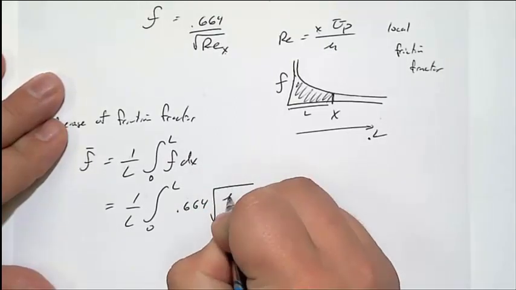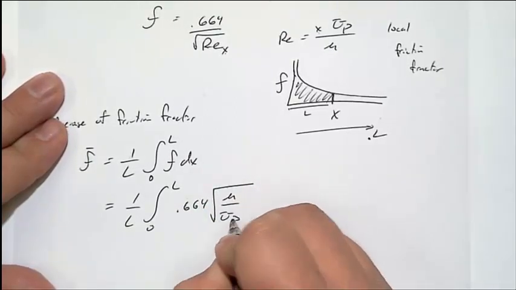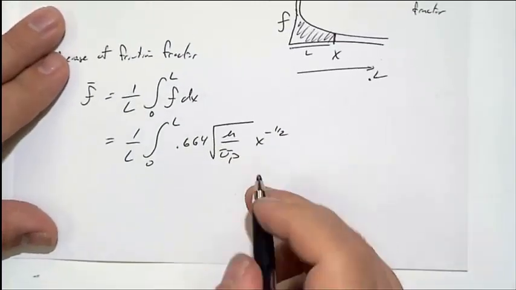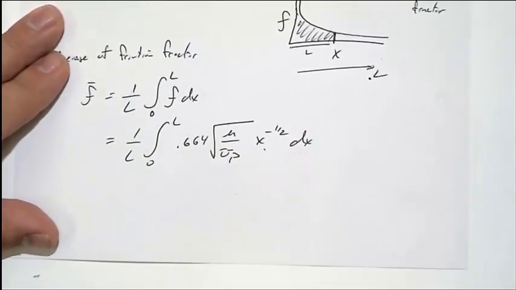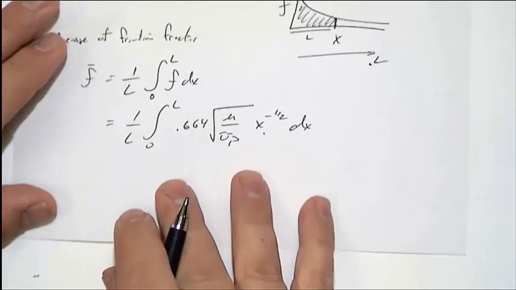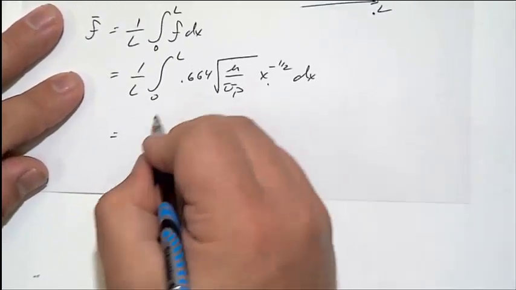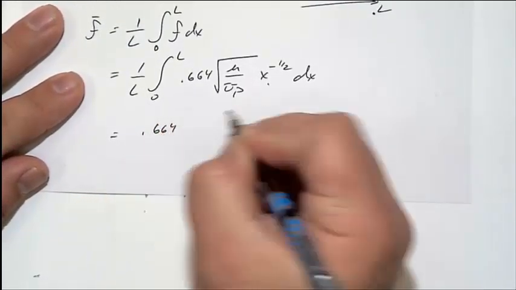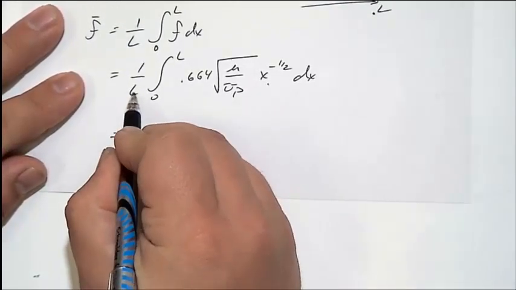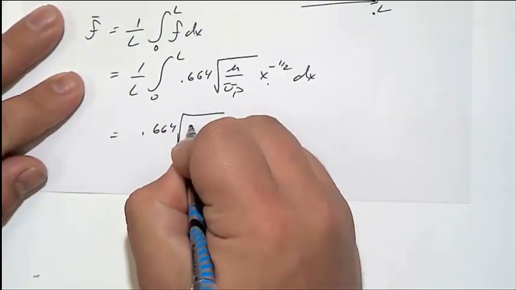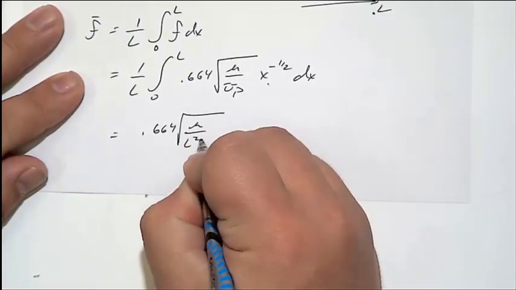This is 0.664. And I'm going to do a similar technique where I'm going to split up my constants and my position x, dx. So this is all a constant. I could go ahead and take this on through, and I could go ahead and bring this on inside as well.